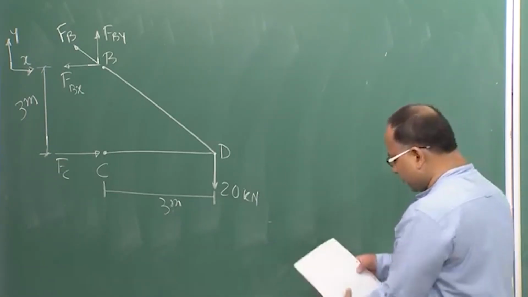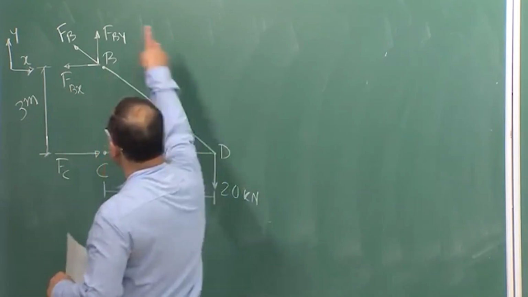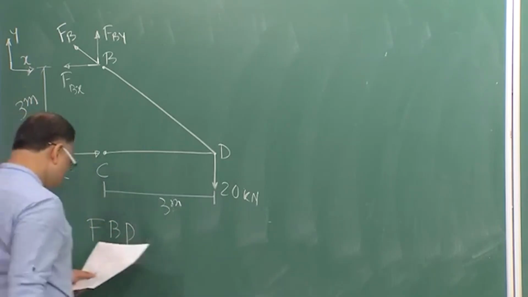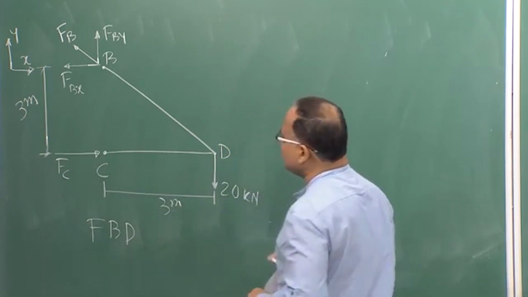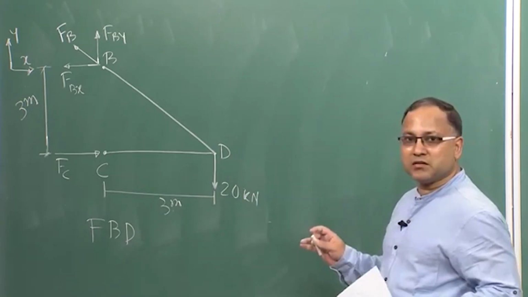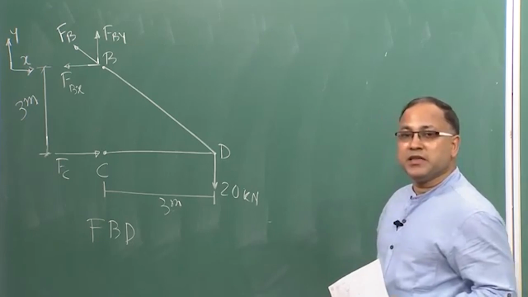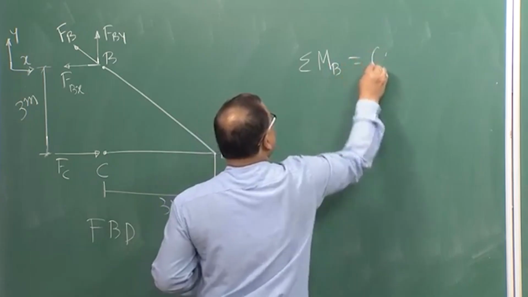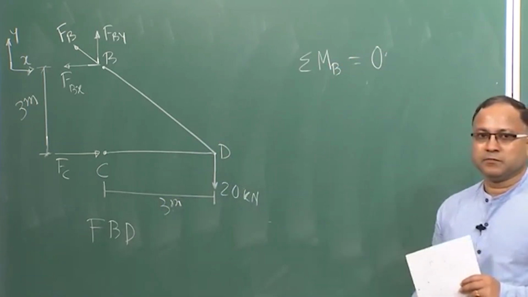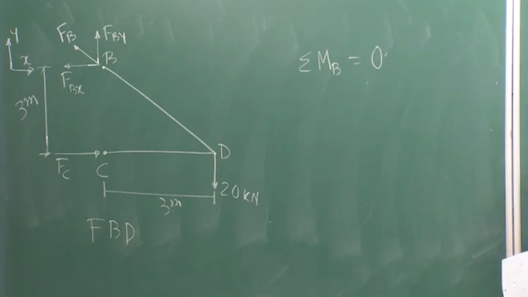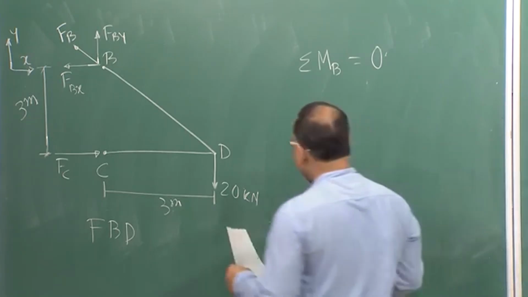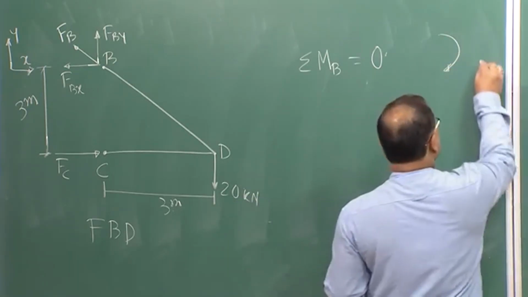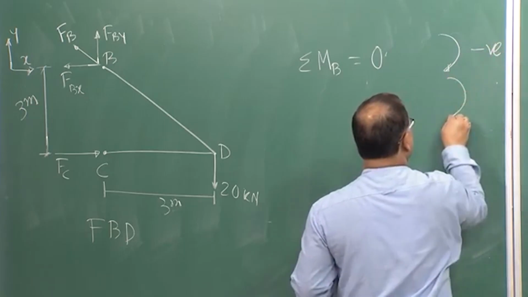So, now once we have drawn the free body diagram of the whole frame, we know this whole frame is under equilibrium, so we can satisfy the equilibrium conditions. First, we are considering moment equilibrium with respect to point B. We are considering clockwise moment as negative and anti-clockwise moment as positive.